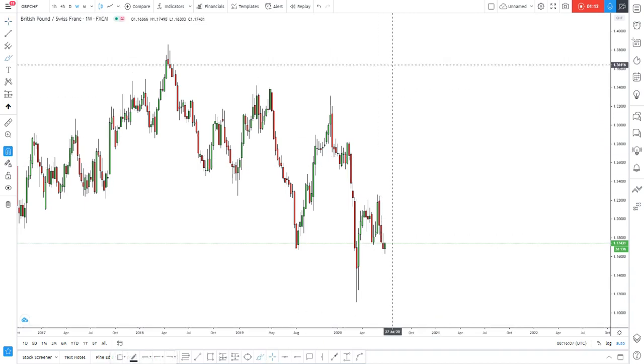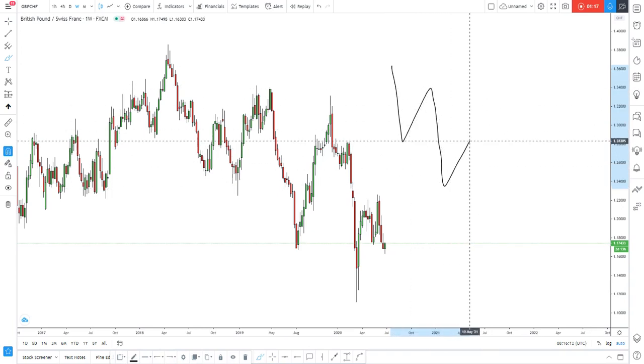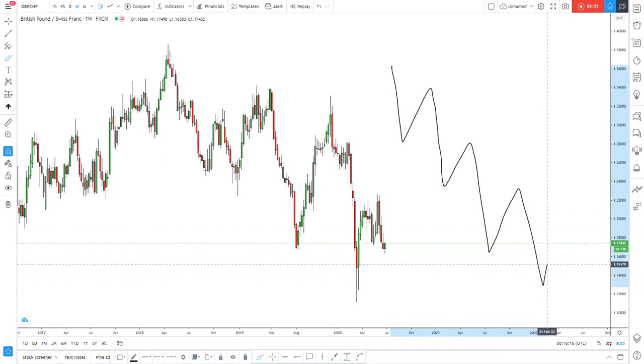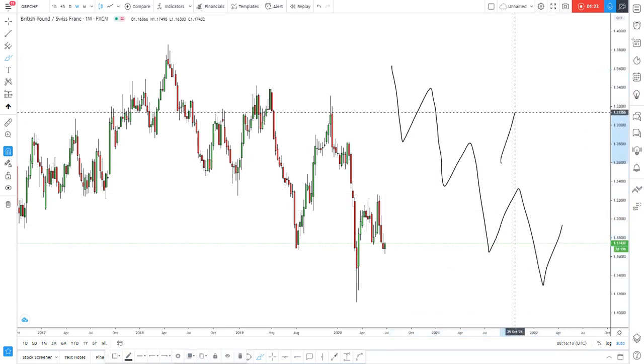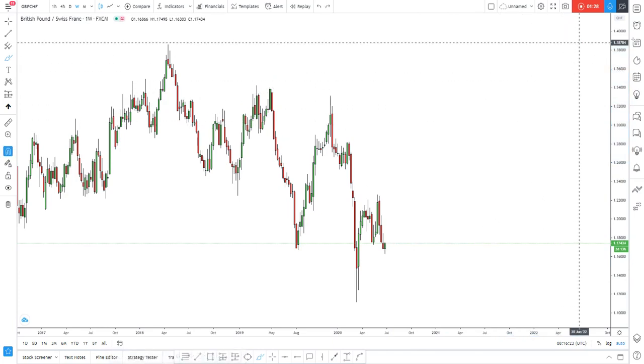So the pattern goes like this: impulse, correction, impulse, correction. The same applies to an uptrend: impulse, correction, impulse, correction, impulse. So that's how impulse and correction move in the market.